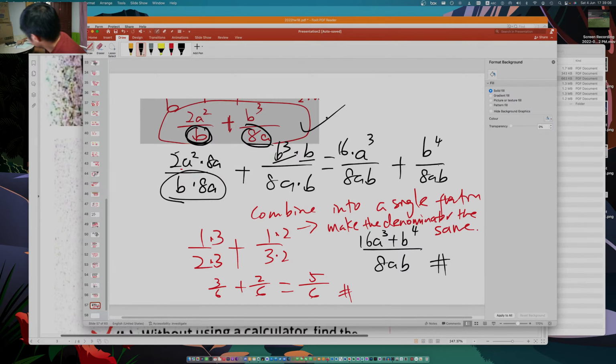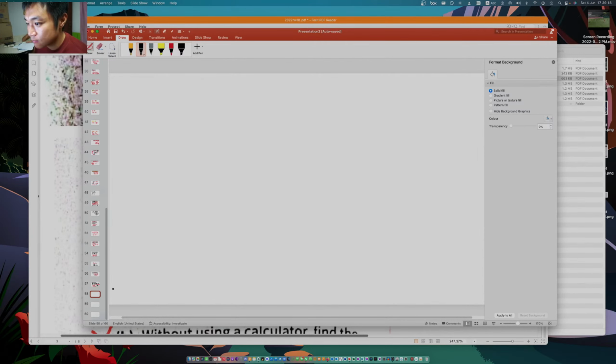I think this one is the question that requires this concept. Very good. Do you know how to do this one now? Yes. Good. Let's start off with this one, then I will go with this.